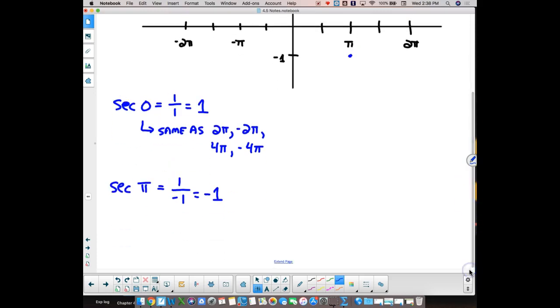That would be the same as what? Negative pi. What's another one? Think outside the 2 pi range. Pi, negative pi.